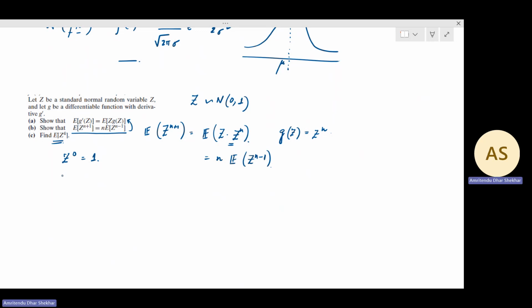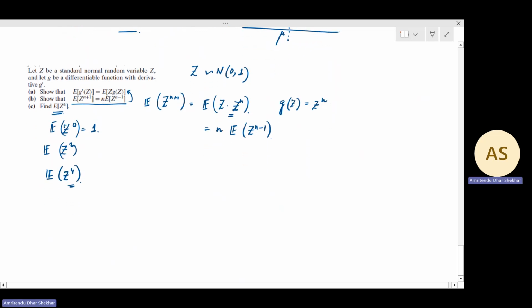From there, you can compute the expectation of z squared, and from there the expectation of z to the power 4. So this gives us a nice iterative formula to compute the expectations. So parts B and C should be clear.